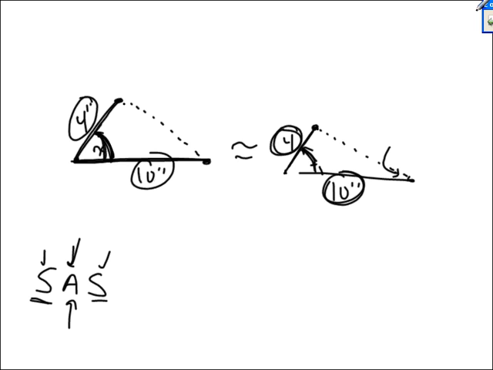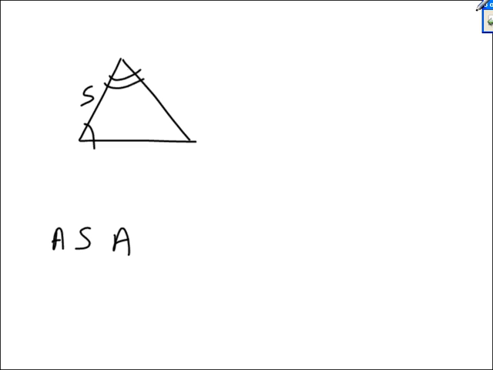So, we talked about side, side, side and side, angle, side. Now, what about angle, side, angle? What about if you have two angles? Say, here's a triangle. You have this angle and that angle, and that's the side in the middle.